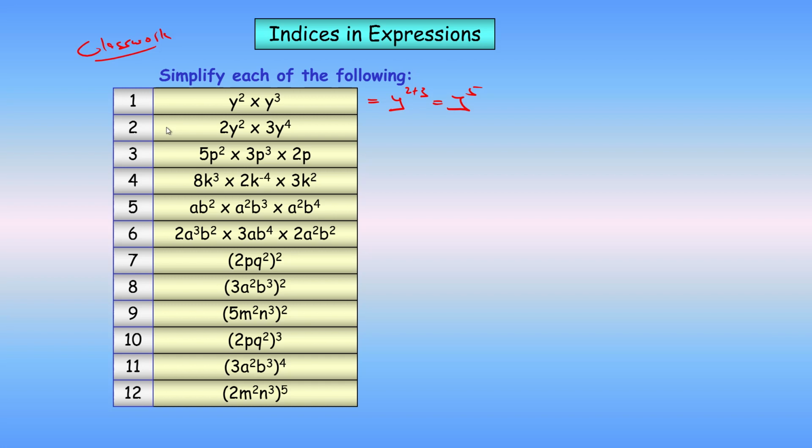With the numbers on number 2, well, you multiply the numbers first. So you do 2 times 3, which is equal to 6. And then you got y to the power of 2 plus 4, which is y to the power of 6.